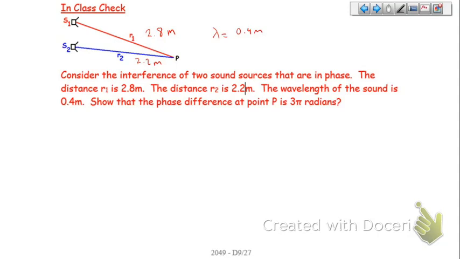So let's have a look. My path difference is equal to 2.8 minus 2.2, which equals 0.6 meters. That's my path difference in meters. My path difference in lambdas is going to equal 0.6 over 0.4, which equals 1.5 wavelengths.